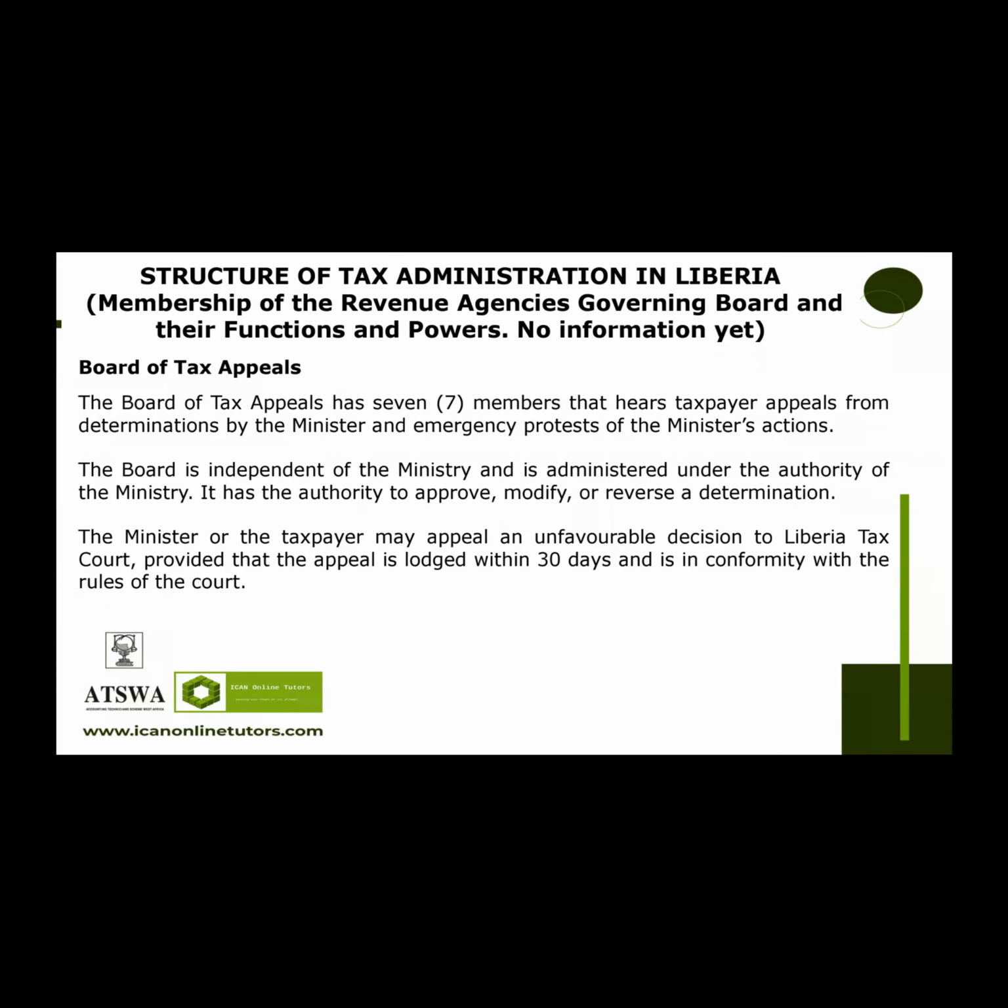They are independent of the ministry, and it is administered under the authority of the ministry. It has the authority to approve, modify, or reverse a determination, and the ministry or the taxpayer may appeal an unfavorable decision to the Liberia Tax Court, provided that the appeal is lodged within 30 days and is in conformity with the rules of the court.